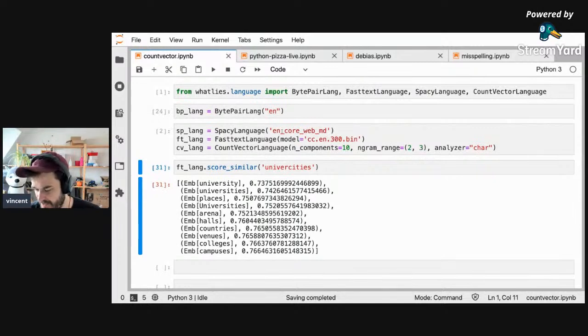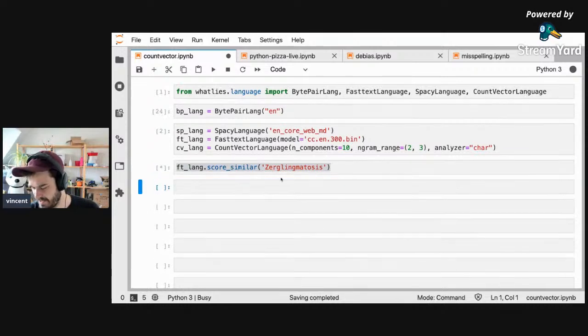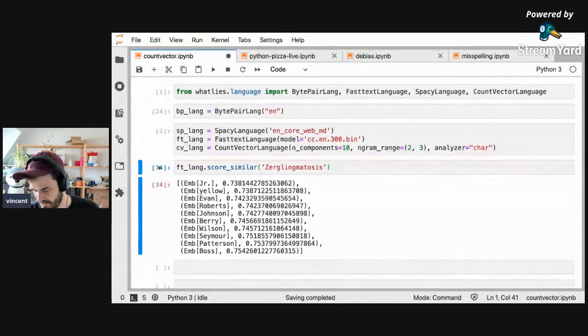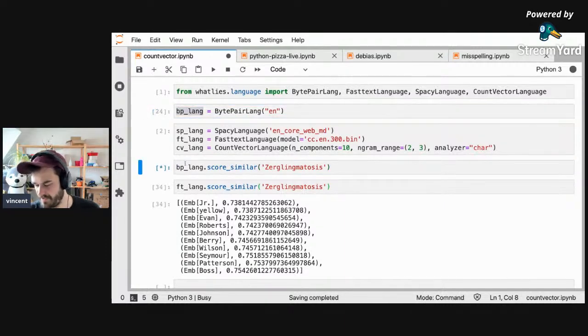In particular, we are now using the English language, but some of the Indian languages are also definitely implemented in some of these backends. One thing I suppose that's actually kind of cute to show you is I could do something like zergling mitosis. I can do that for fasttext, and I can also do that for the Byte-Pair language, just to get the impression of the difference between the two.